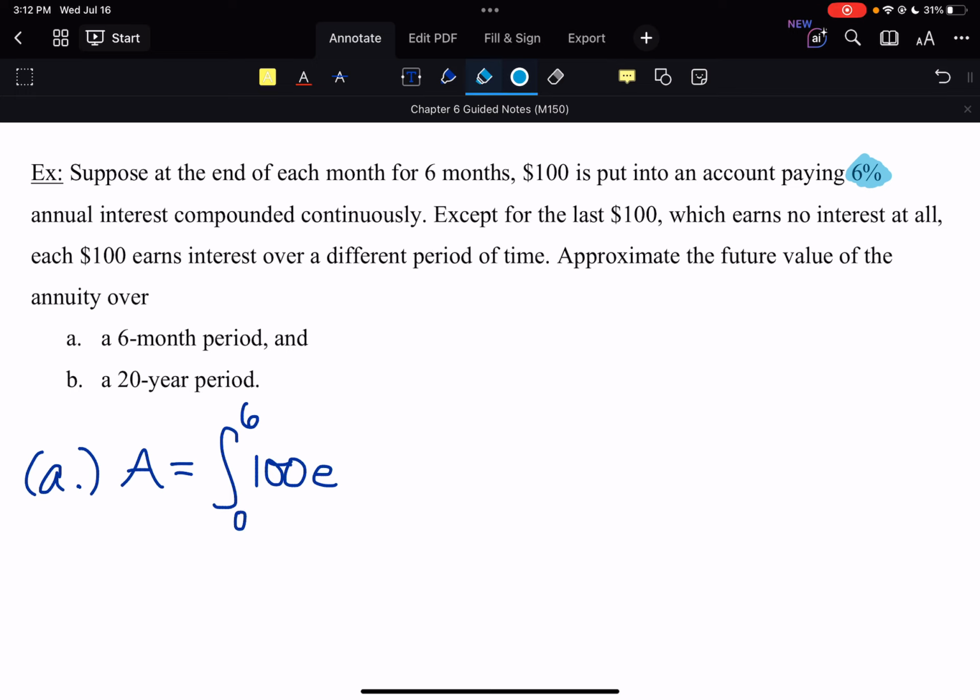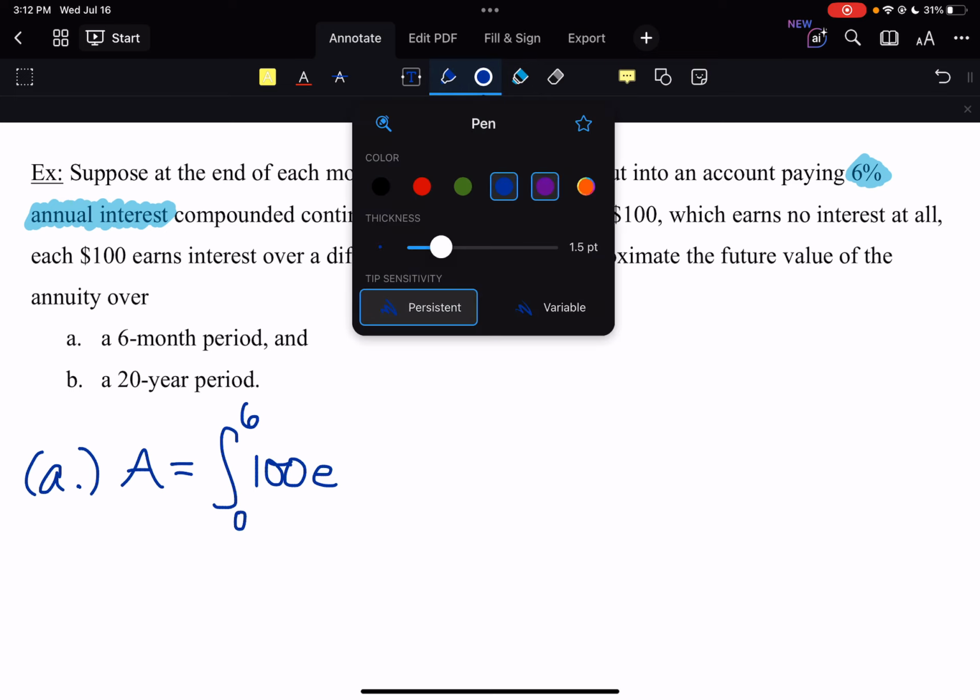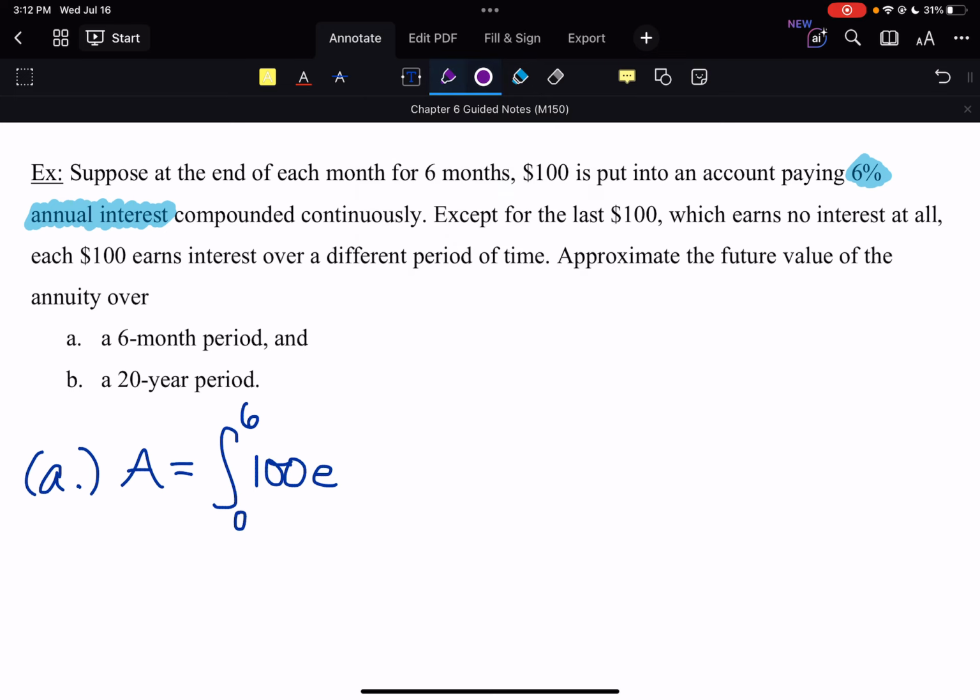This 6% is annual interest. So when we're talking about the interest being added on here, the interest being inputted is being inputted each month. Okay, so we're not taking 6% per month, it's 6% per year.